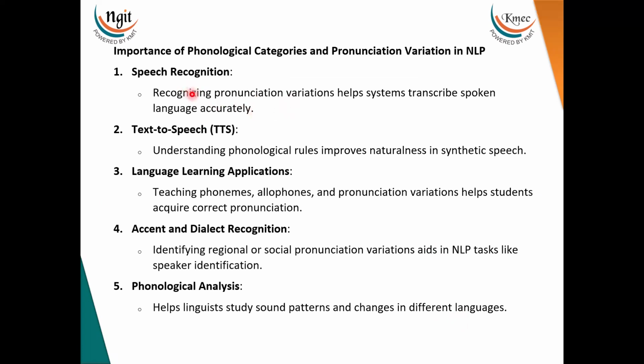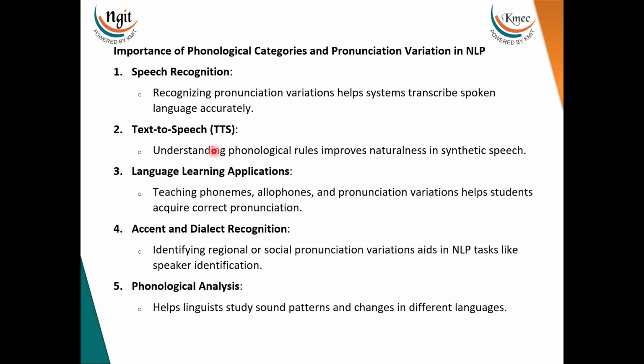Speech recognition is the top priority in this, because each individual will have their own kind of delivery of speech, and each and every word has to be understood carefully by the model which we are going to train, and it should deliver a proper and accurate answer. For this purpose, we definitely need this.